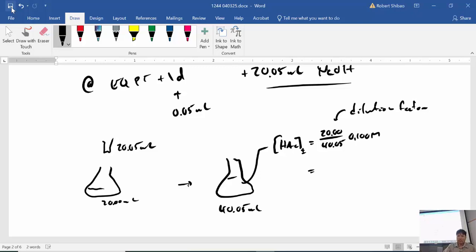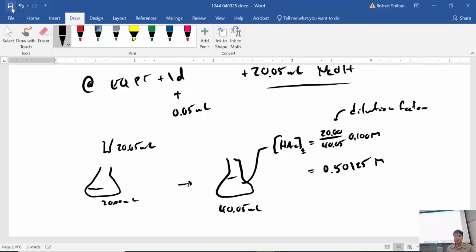The acid concentration is a 20.00 to 40.05 dilution of 0.100, and that comes out to 0.050125 molar. This time I'm going to carry extra digits because I'm just adding 1 extra drop, and if I round this, I round off that extra drop.